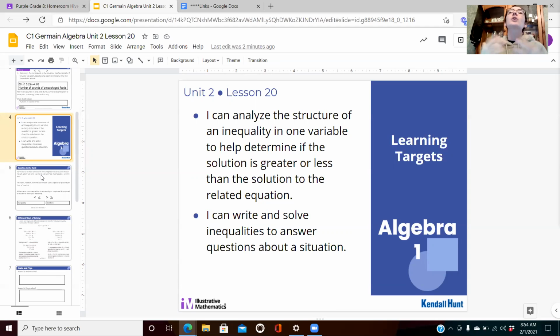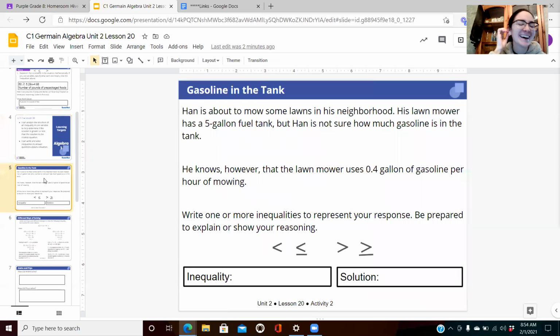They're going to have a rate of change with a variable plus a constant, or there might even be some parentheses in there somewhere. So buckle up. It's going to get a little bit crazy. Not too crazy though. Okay, awesome.